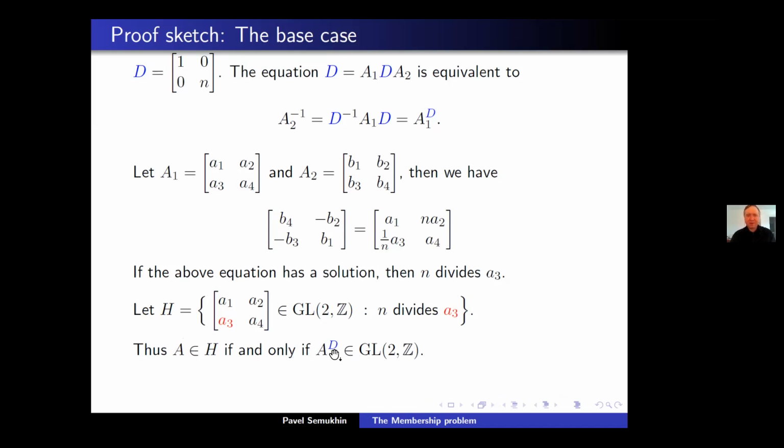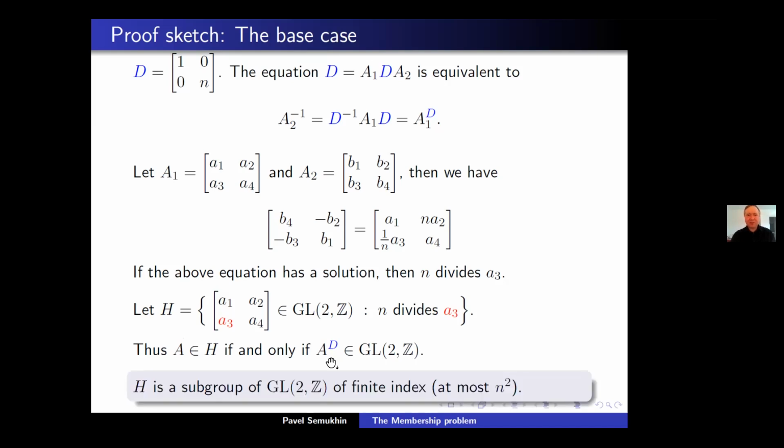And so the fact that it belongs to GL2(Z) is simply another way of saying that it has integer coefficients in this case. And it turns out that the set H is a subgroup of GL2(Z). Moreover, it is a subgroup of finite index, and its index is at most n squared, where n is the same as n here. This will be one of the important ingredients in the proof.